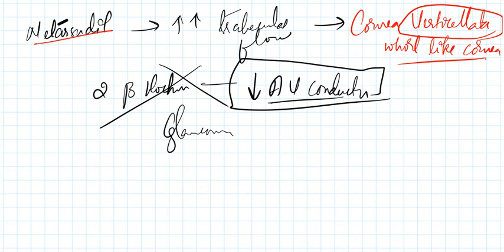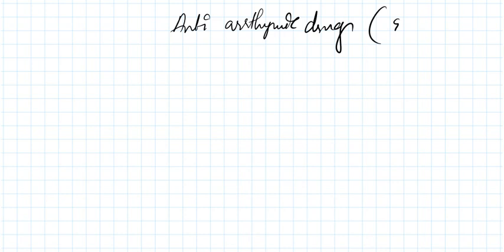Now we will come to antiarrhythmic drugs. Very important. In antiarrhythmic drugs, you will get one ECG which is mixed with a pharmacological question. You will probably get an ECG plus pharma orientation question.